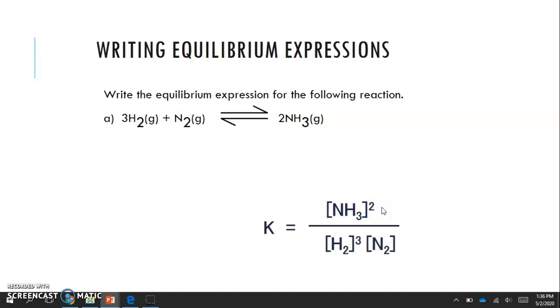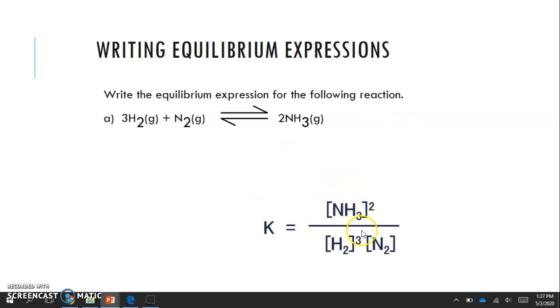So what this would mean is that you would take your concentration of NH3 and you would square it. Okay, so if you had a concentration, a molarity of like 0.5, you would take that value and you would square it. Again, you guys don't actually have to do the calculations, you just have to know how to set up the expressions.